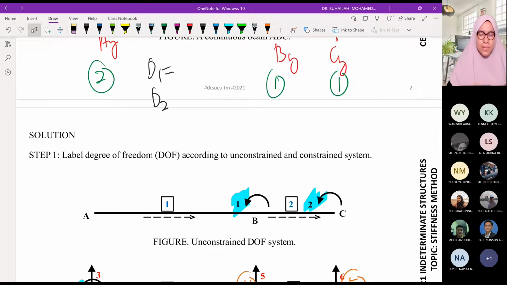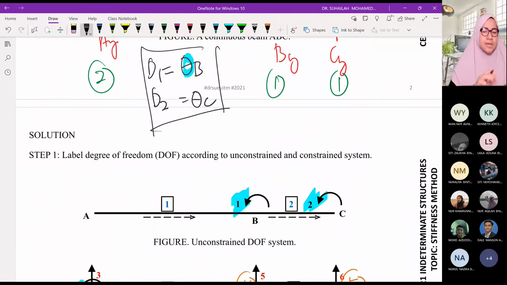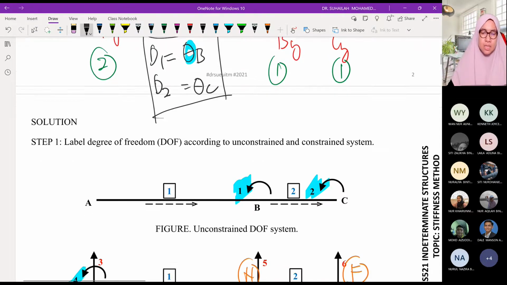So D1 means theta at B. D2 means theta at C. So this is what we want to calculate. This will be the first output that we can get from the force displacement equation.